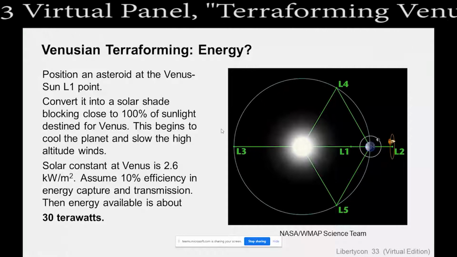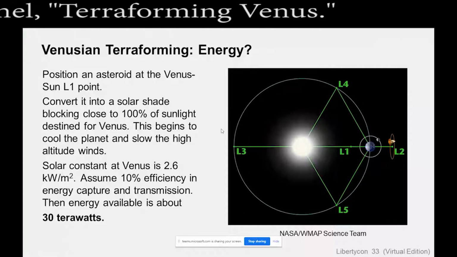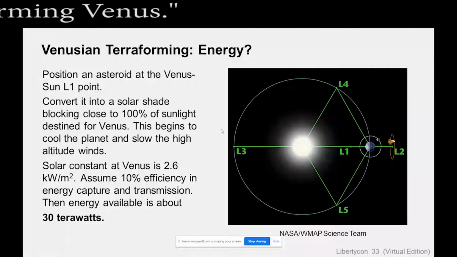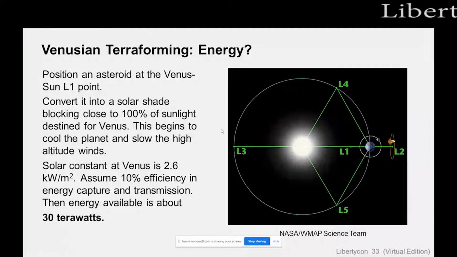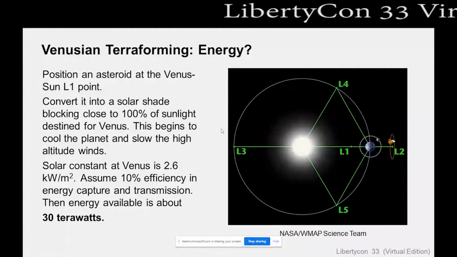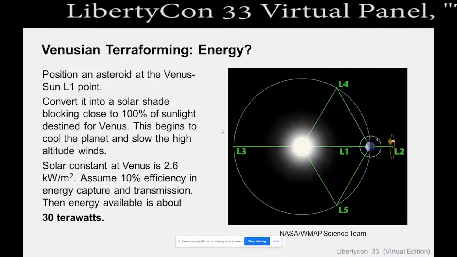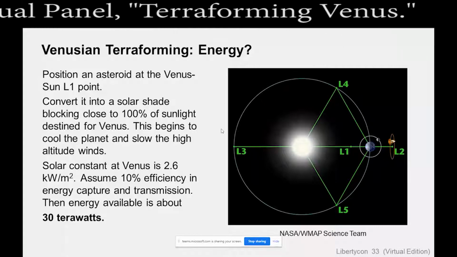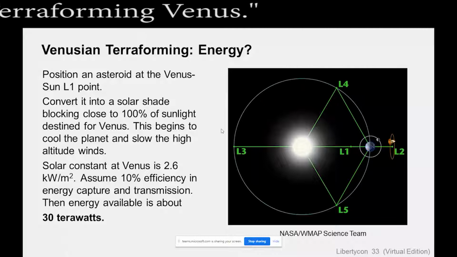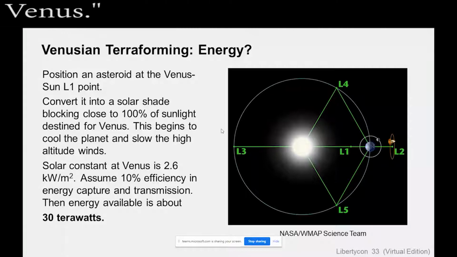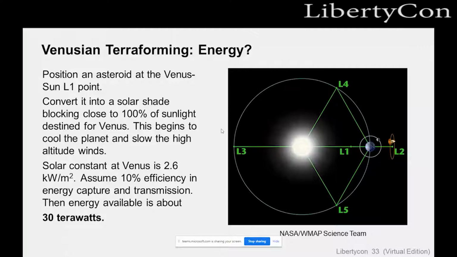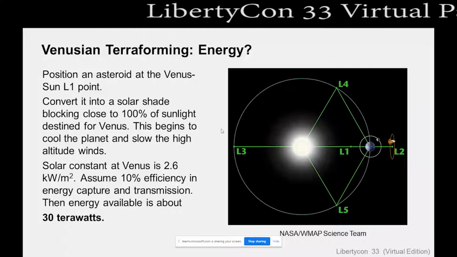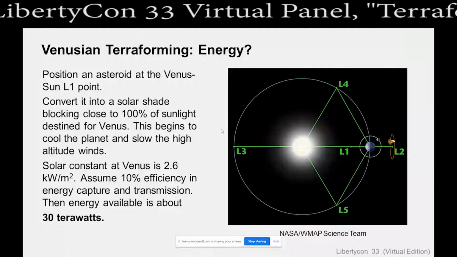Now, the solar constant at Venus is about 2.6 kilowatts per square meter, which is significantly more than what we have here on Earth. If we coat this solar shade with solar cells and collect the light, convert it to electricity, assume a 10% efficiency, we have terawatts of energy to work with.